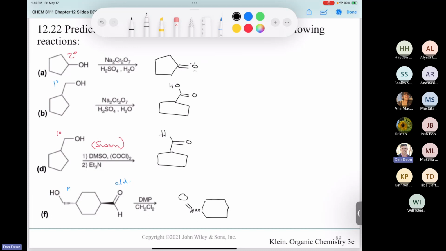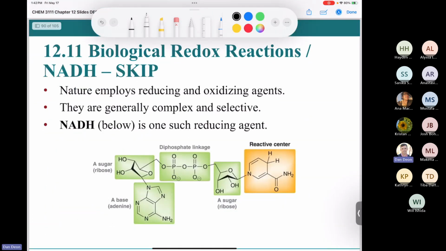And then what will happen to the aldehyde on the other side? The aldehyde on the right-hand side will get converted into nothing. Exactly. Thanks, Anastasia. Nothing, right? It doesn't get oxidized any further. There we go. So that covers oxidation of alcohols.